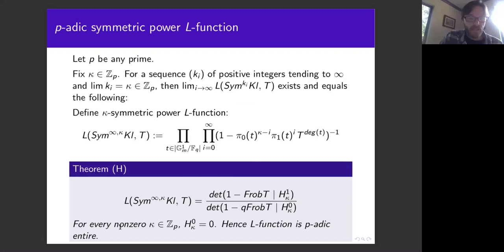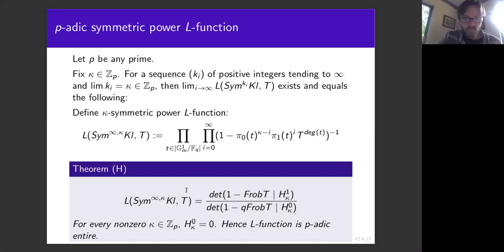And then it's also known that for every non-zero kappa, the H0 is actually equal to 0. And so the bottom is actually not there. And so this L function is in fact p-adic entire. So when kappa is an integer, can you see that from this p-adic entire function?